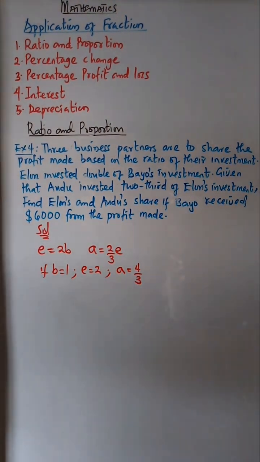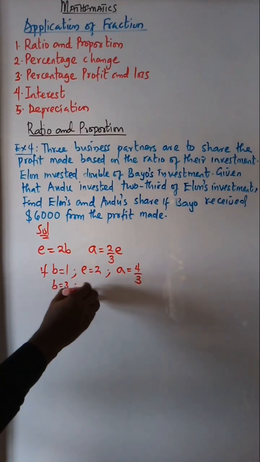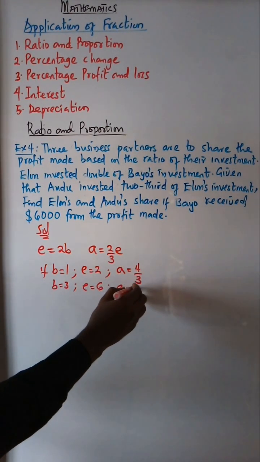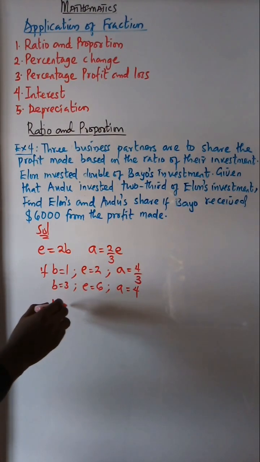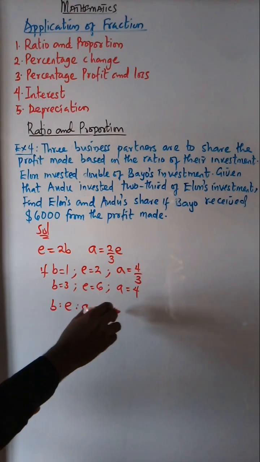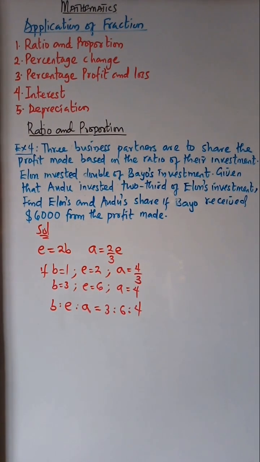So 1 times 3, 3. 2 times 3 is 6. 4/3 times 3 will give us 4 because the 3 will cancel. So it means Bayer to Elon to Audu equals 3 to 6 to 4. Is that correct? Yes, it is correct.